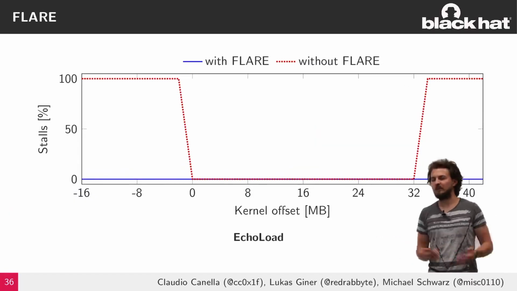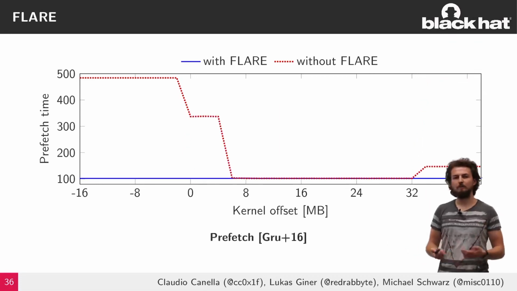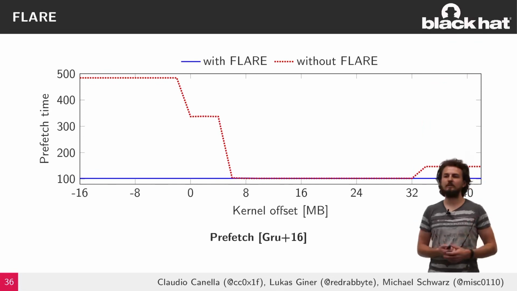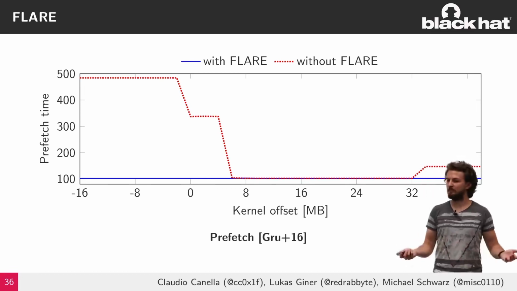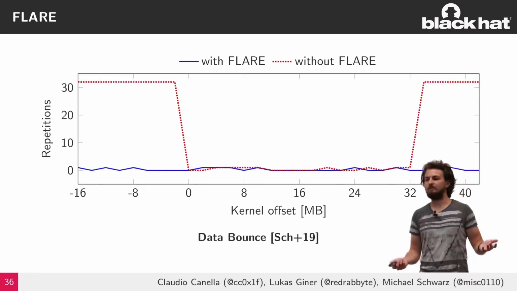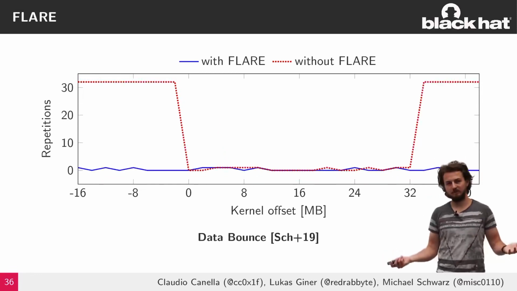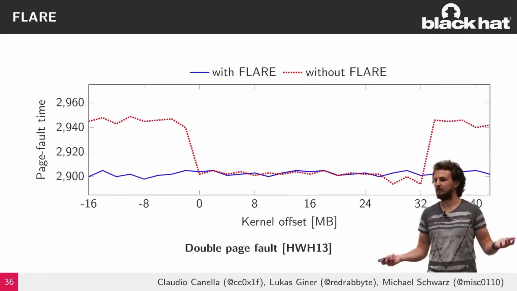So when we take another look at all the other attacks, we have seen Echolot already before. Prefetch, this is the one that was able to differentiate the different page sizes. We can see here unmapped, 1 gigabyte, 4 kilobyte, and 2 megabyte pages. With FLARE, there's nothing there anymore. Data Bounce, we've already seen that one, also not differentiable.